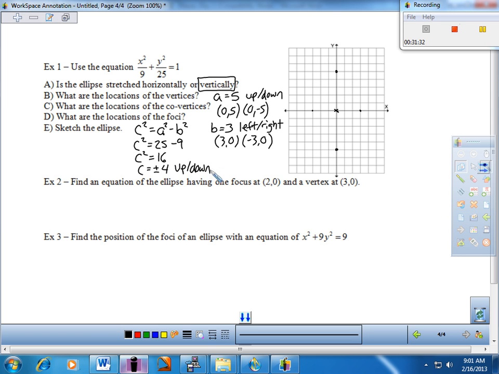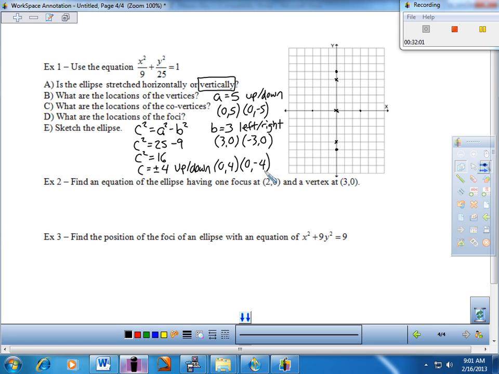So we're going to go up 4 from the center, always the direction of the vertices. The foci are on the major axis, and major is connecting the vertices. So here we go, 1, 2, 3, 4. Let's put a little X right there, because again, it's not a point on the ellipse, but it generates the shape of the ellipse. So 1, 2, 3, 4. How about right there? Okay, so that would be at 0, 4 and 0, negative 4. Hope everyone's cool with that piece.